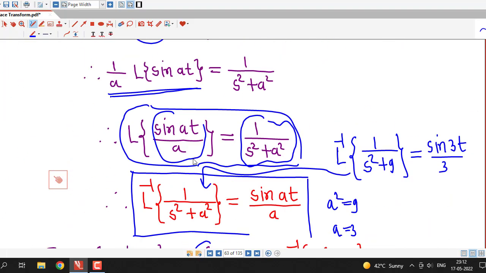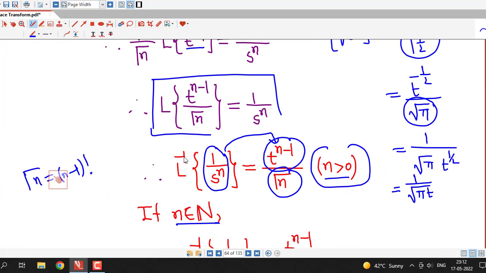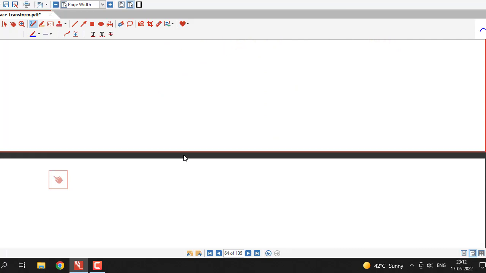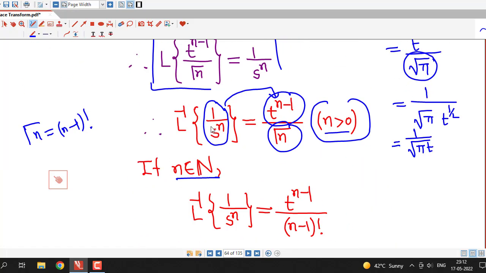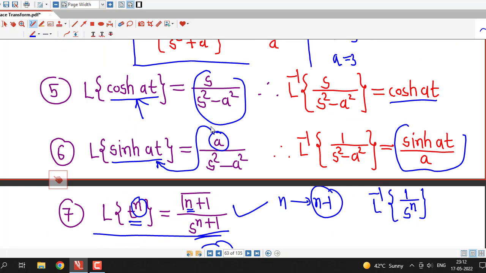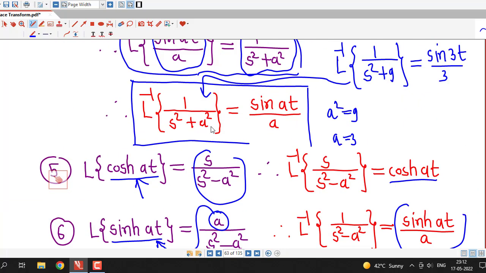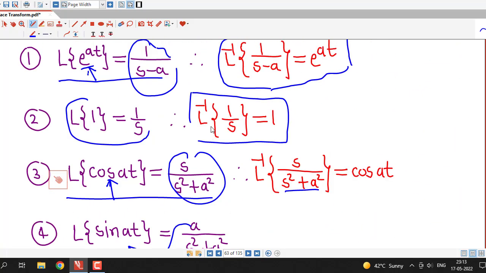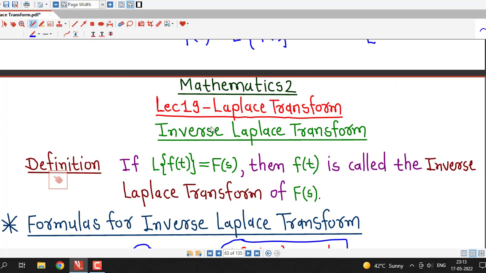We will discuss all those results: first shifting theorem, multiplication by t raised to n, division by t, Laplace transform of integral of a function. We will reverse all those formulas one by one, and we will discuss problems of finding inverse Laplace transform related to all those formulas one by one, as we have done for the case of Laplace transform.